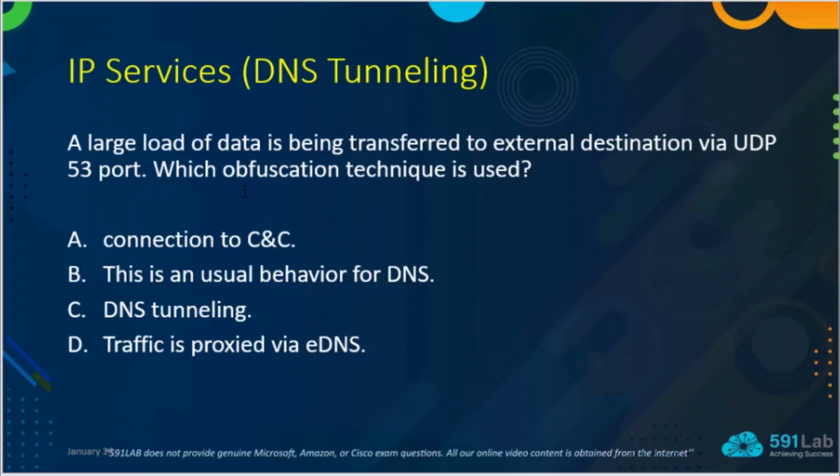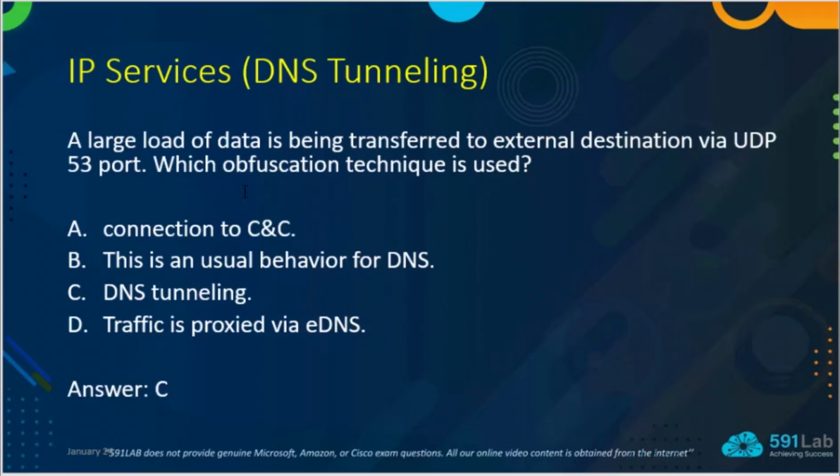So we refer to this kind of scenario as DNS tunneling, and that is option C. DNS tunneling is whenever traffic that is not DNS traffic passes through the port. So option C is our answer to this question.